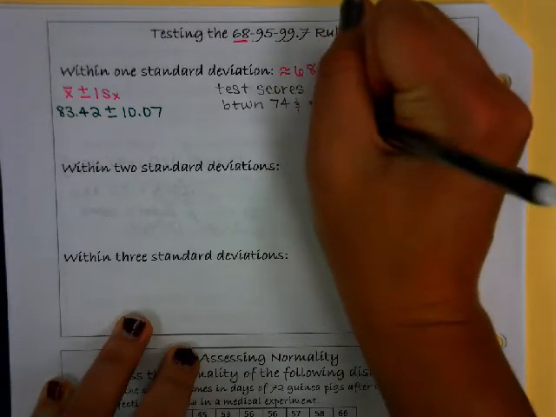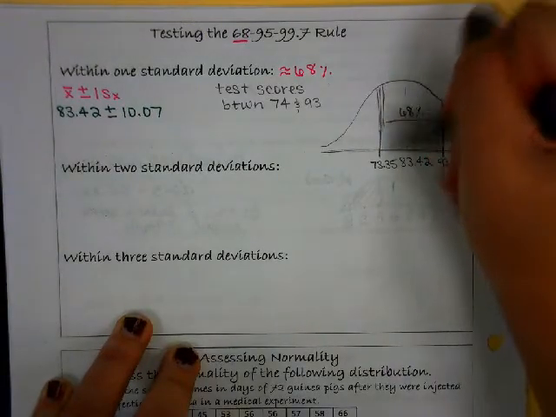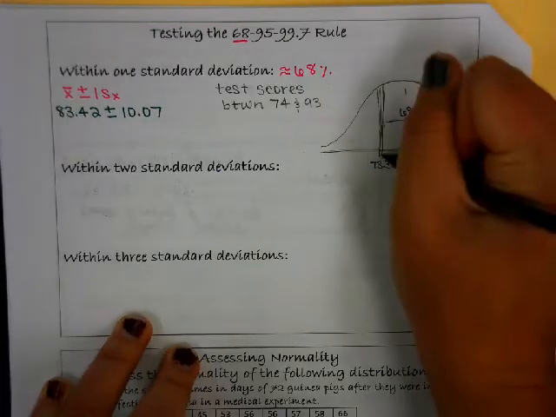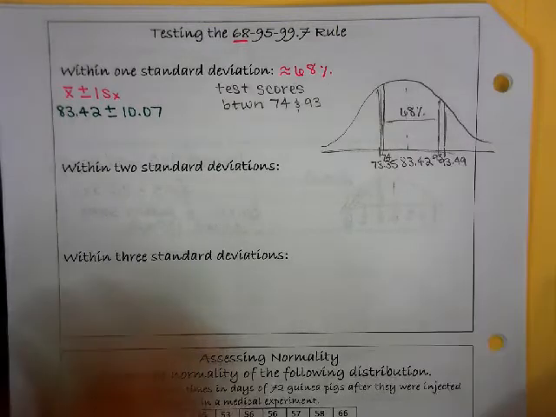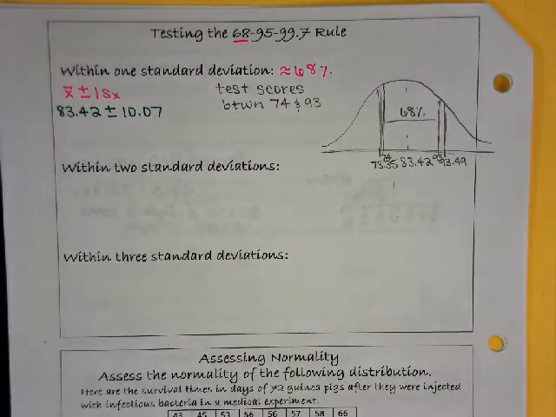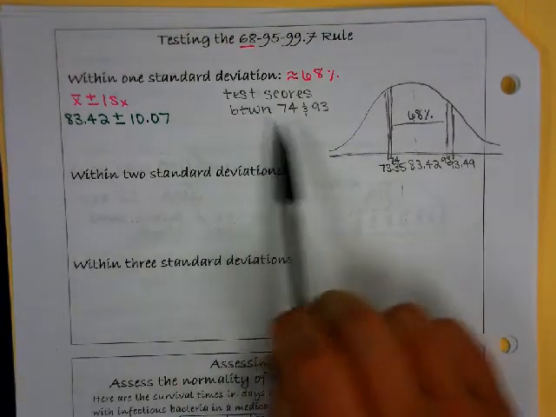If we did 73 we'd be outside that first standard deviation, and so would 94. So this is where I was thinking we'd be flipping back and forth, going through and figuring out how many of the test scores fall between those two numbers. But I actually am going to show you an easier way to do it on the calculator.